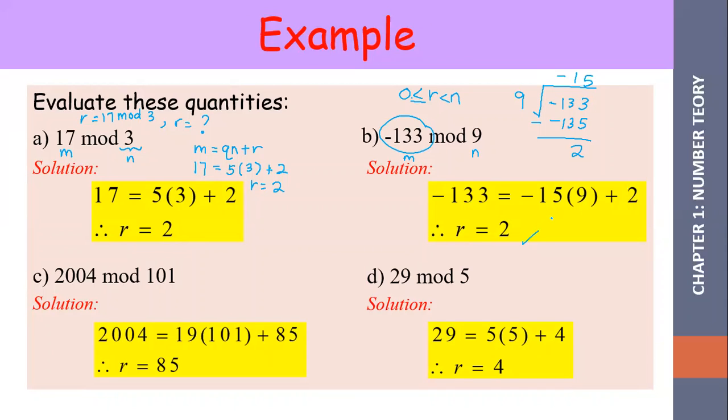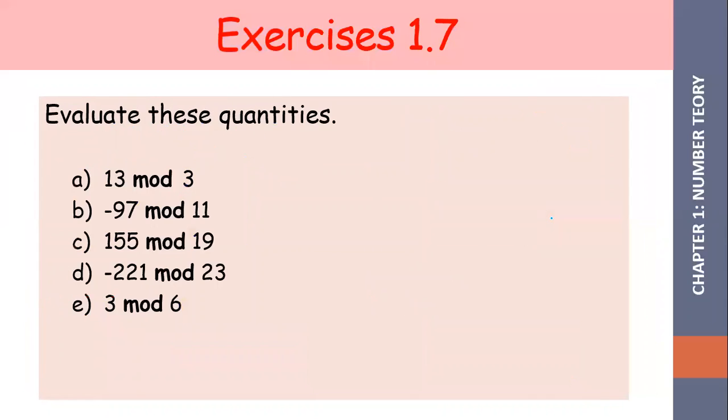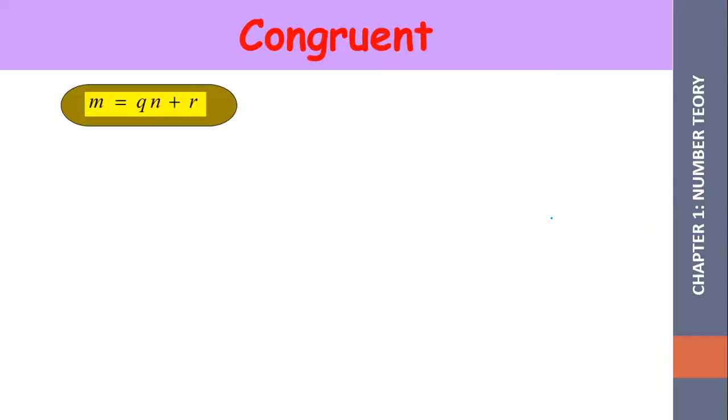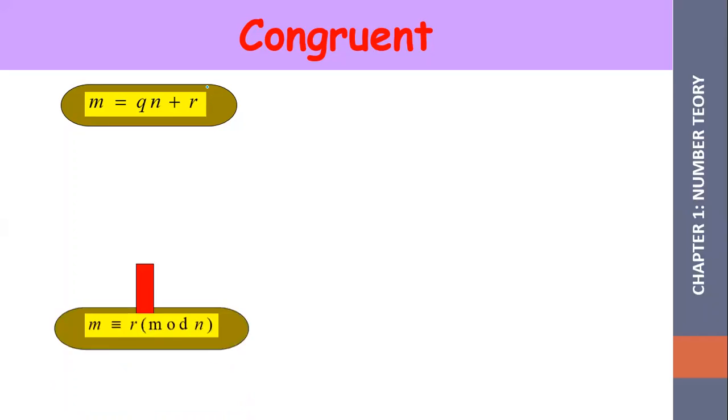You may try this exercise for your understanding. Now let's see congruence. Congruence is very important, we will use it a lot after this. Given the division algorithm, m is equal to qn plus r, how do we determine whether it is congruent or not?